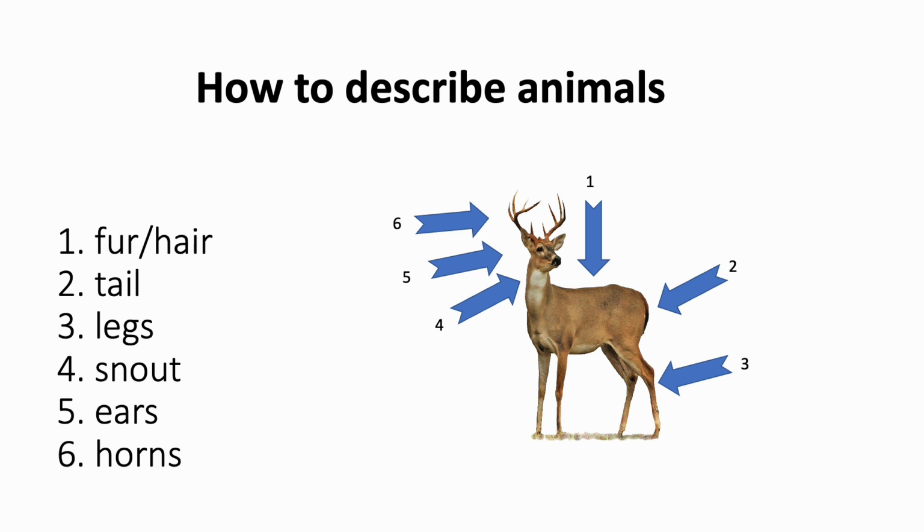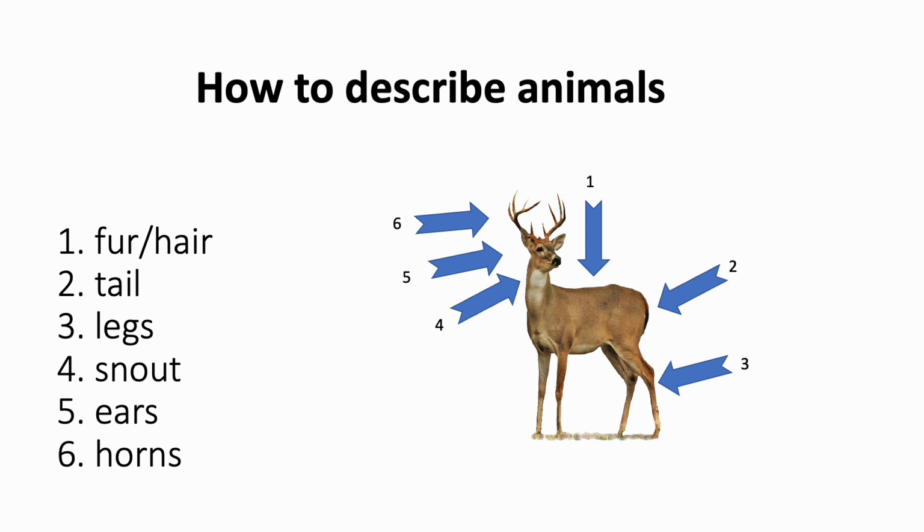So fur or hair is number one. The word for fur or hair is he. Okay, and then move to number two. Sinte, the tail. Number three, hu, the legs. Number four is the snout or the nose or the muzzle, however you want to think about it.